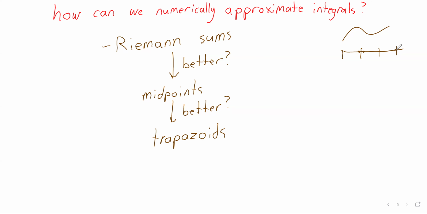And we ask, well, how can we make this even better? Just in terms of speed here. And we wind up at quadratic curves.